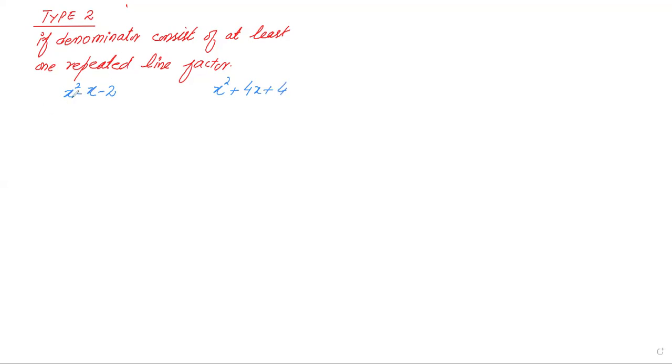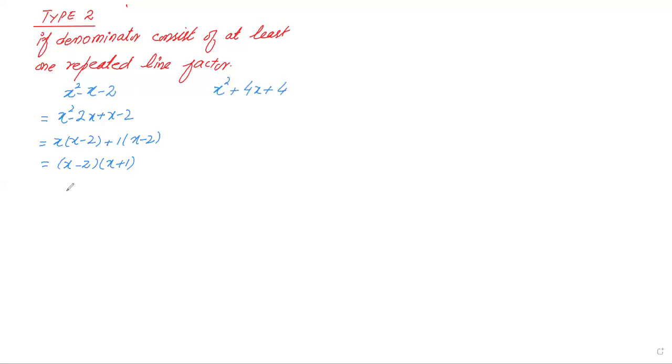The first one, with the help of the middle term breaking, I can write as x square minus 2x plus x minus 2. x is taken as common, x minus 2, plus 1 is taken as common, x minus 2. So I will get x minus 2, the factor common in both the brackets, and then I have x plus 1.